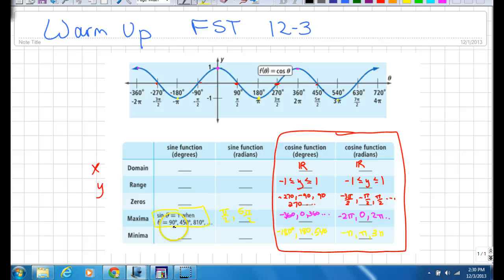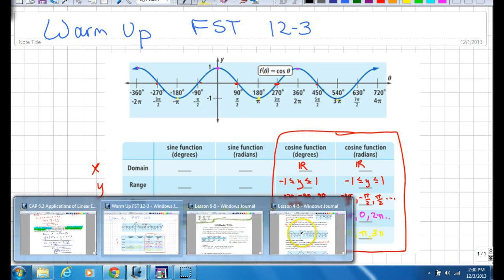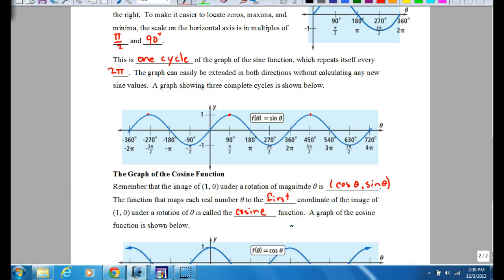Yeah. So looking at the sine wave here, when are the zeros on the sine wave? Yep, 360, 180, 0, -180.